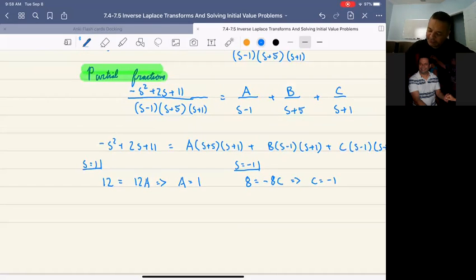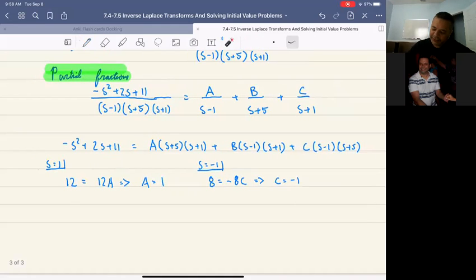Okay, finally, let's pick s equals negative 5. I'm picking it to make this and this go away. So if s equals negative 5, on the left-hand side I'm going to get negative 24. Let me just check that. Negative 25 minus 10 is negative 35, plus 11, negative 24.